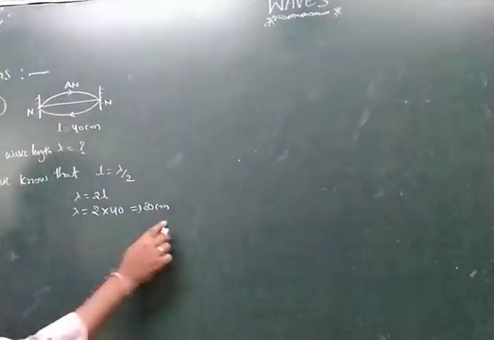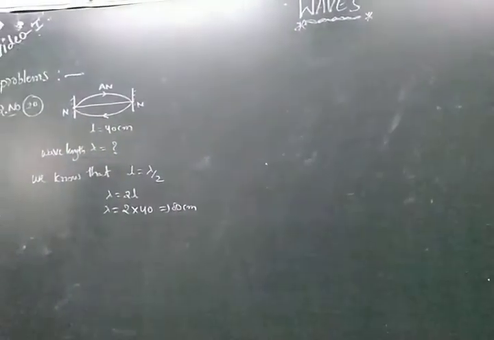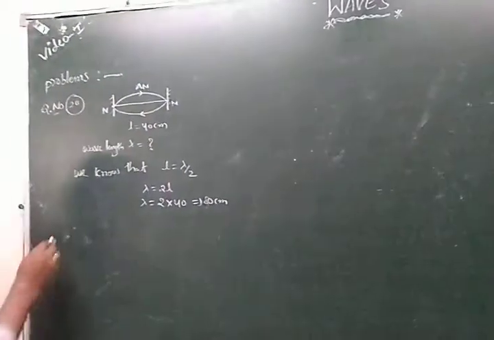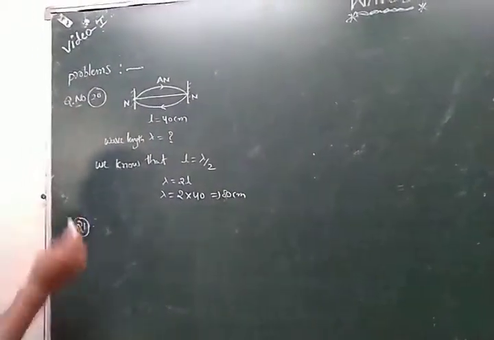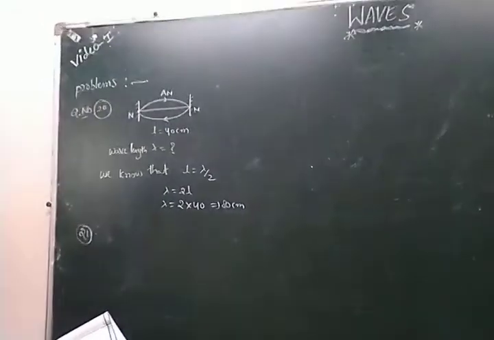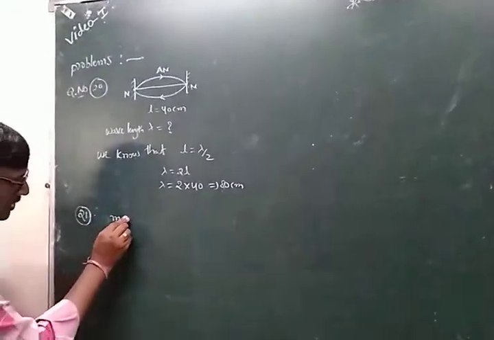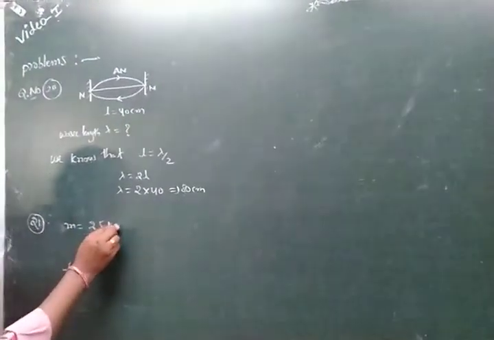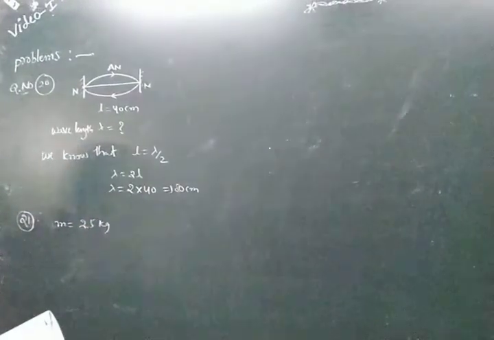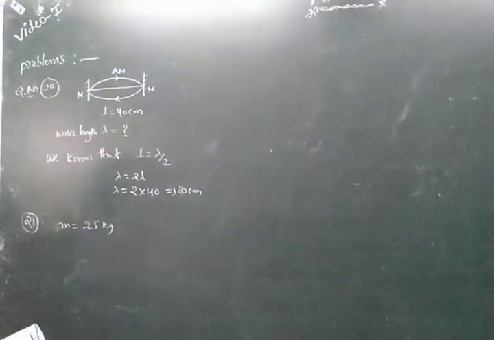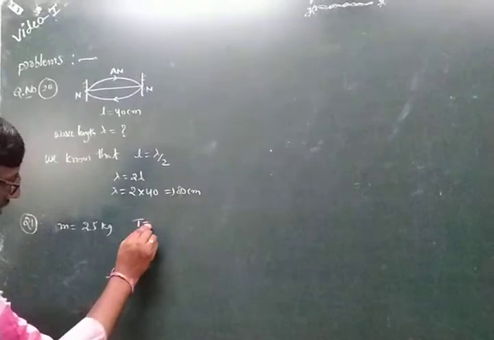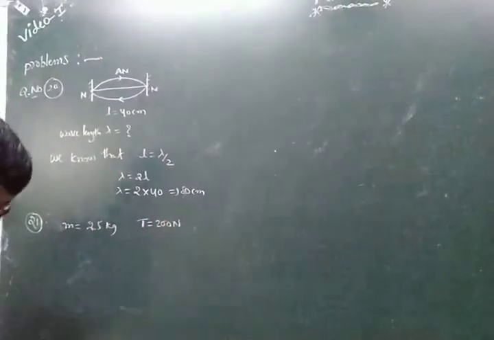The length of the wave is 80 centimeters. Let's see question 21. A string of mass 2.5 kg is under a tension T equal to 200 newtons.